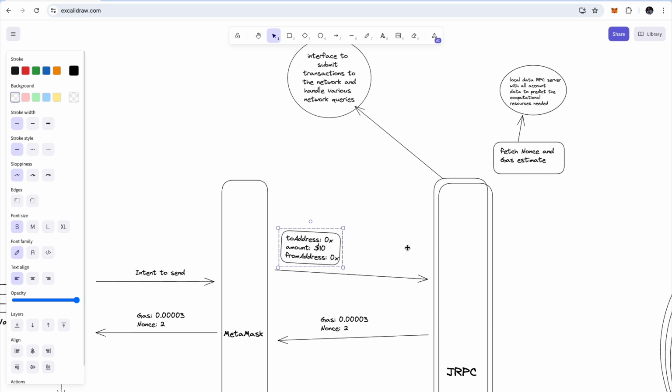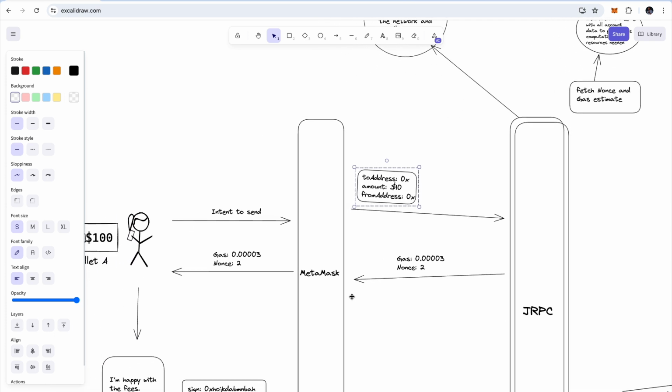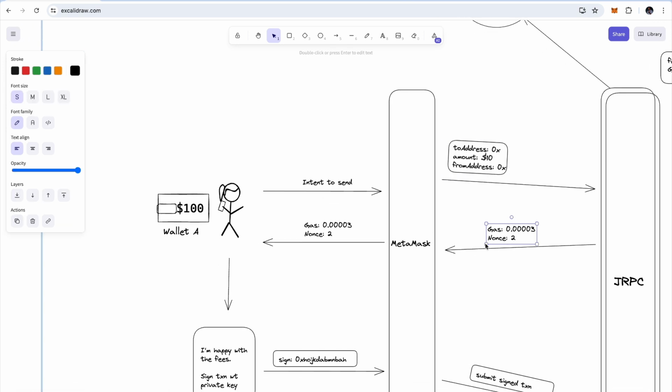And it's going to get all that data back and send it back to MetaMask, like, hey, for this transaction that you want to perform, this is the gas fee that you will likely pay. This is your nonce. It's probably not going to display the nonce, but it's also part of the payload that gets back to MetaMask.